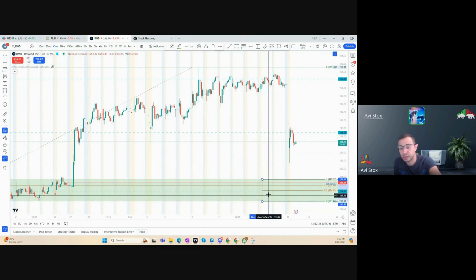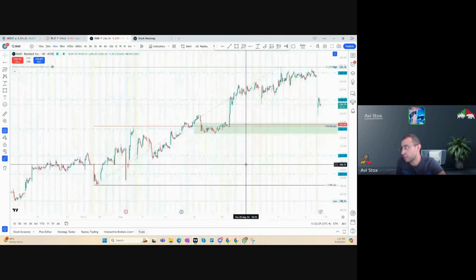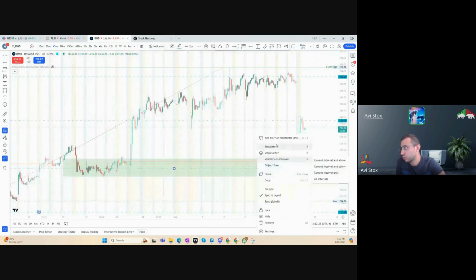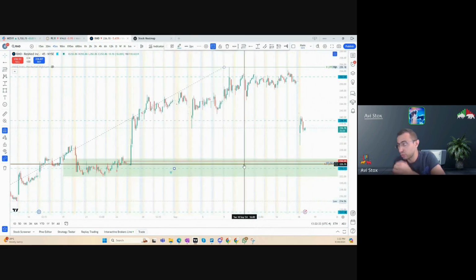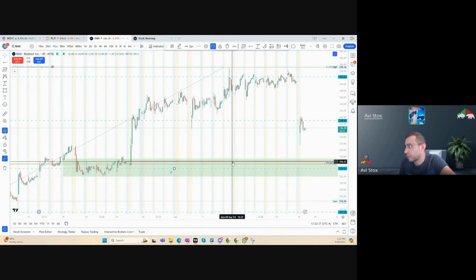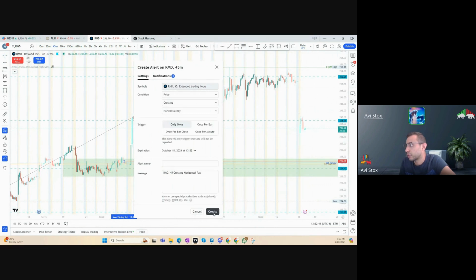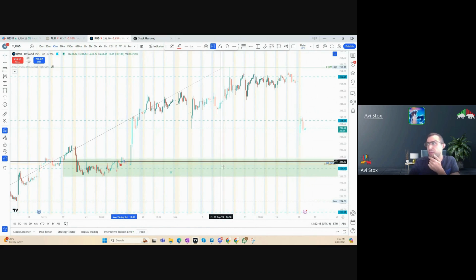Where is that key level? That's very interesting. So this key level is super, super crucial for me. Okay, I will be looking to enter here, and I will be looking at this area too. So those two areas for me will be key.